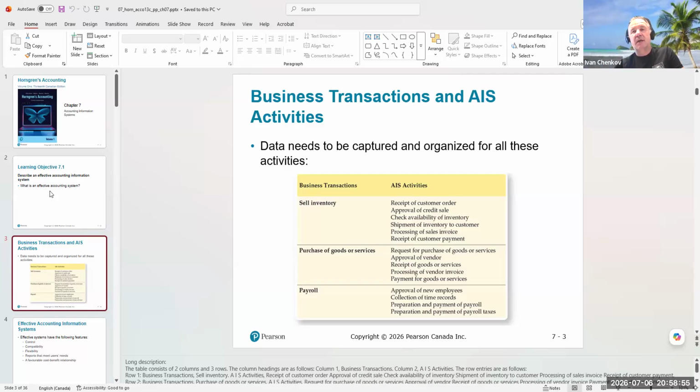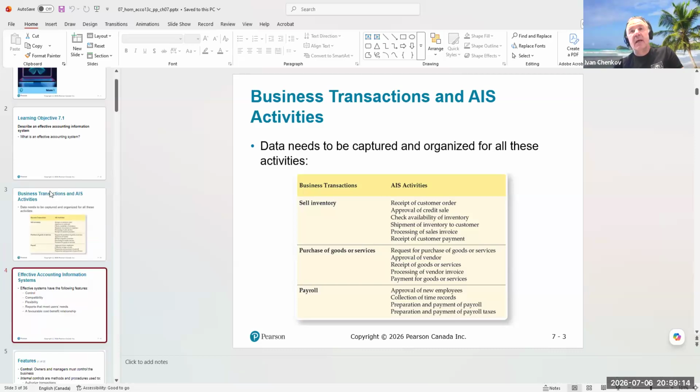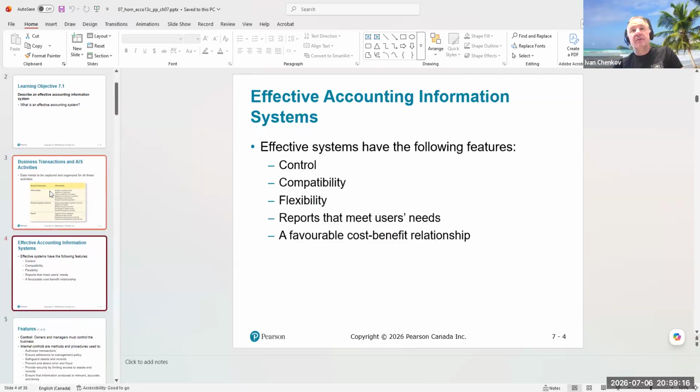We want to know about the average employee, collecting the time records for each employee and processing them in the payroll. If we're a service company that bills for hours of our employees, we want those hours so we can charge them to the client. And the accounting information system should give us all this information.